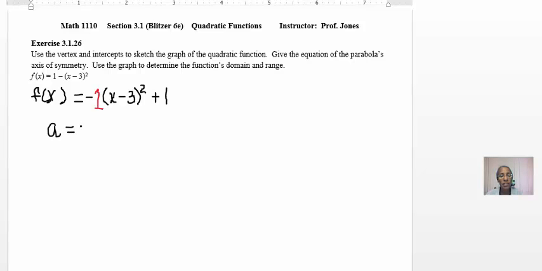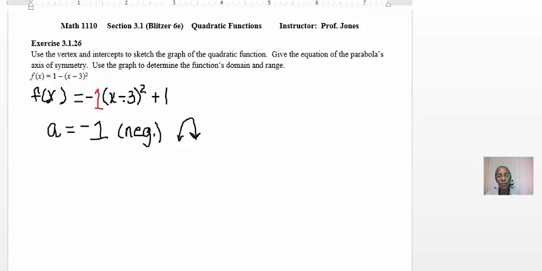And we see that our a is negative 1. One of the important things to determine right off the bat is that a is negative, or less than 0, and that tells me right off the bat that my parabola opens downward.